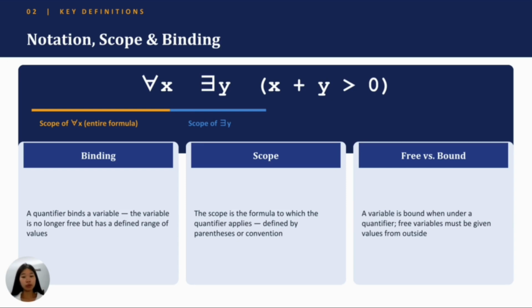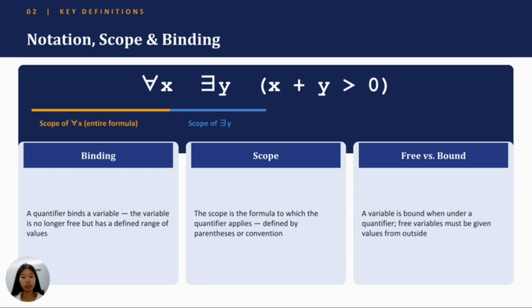Finally, we distinguish between free and bound variables. A variable is considered bound if there is a quantifier applied to it. In our example here, both x and y are bound because each of them has its corresponding quantifier. If we add another variable z inside the bracket without adding a quantifier for it, z will be a free variable.